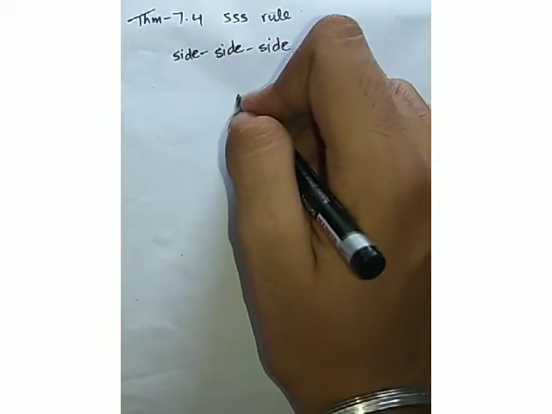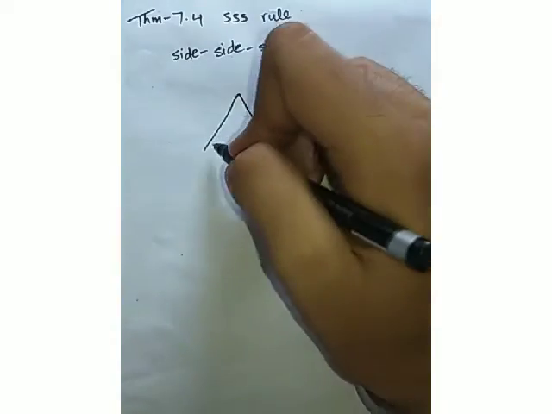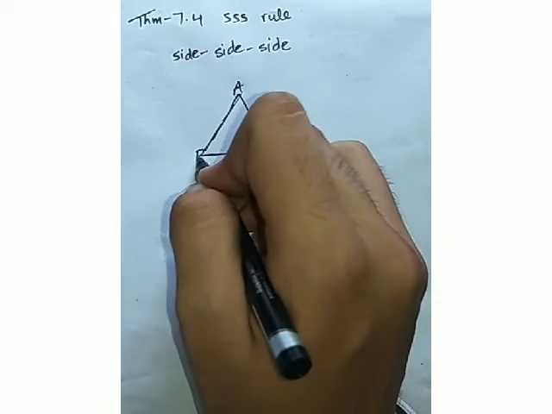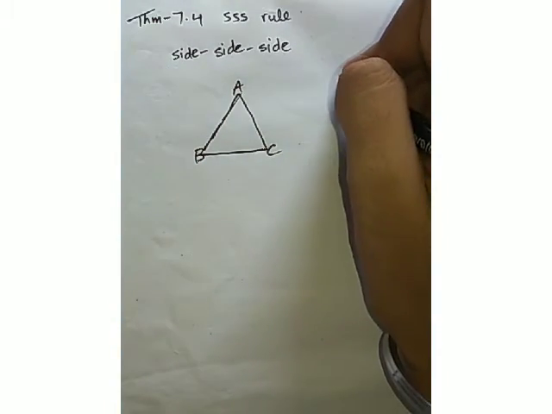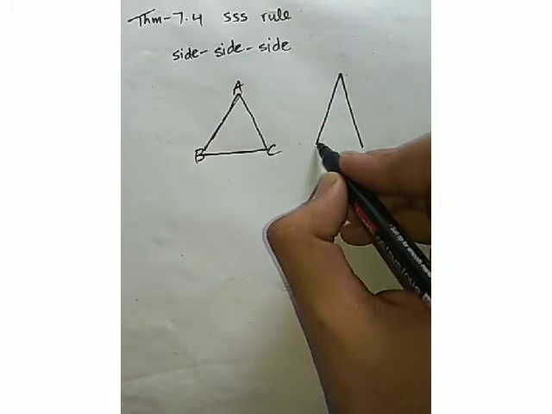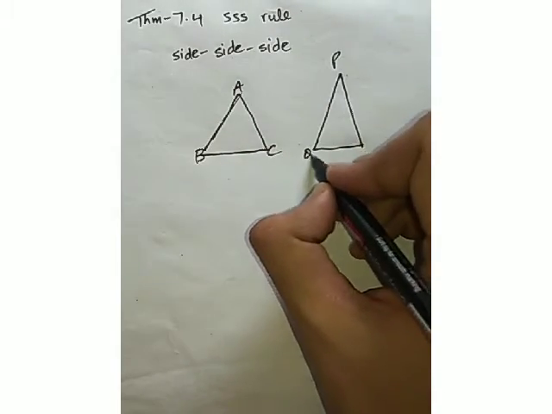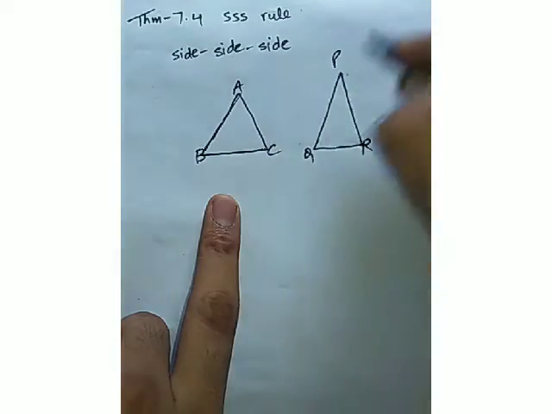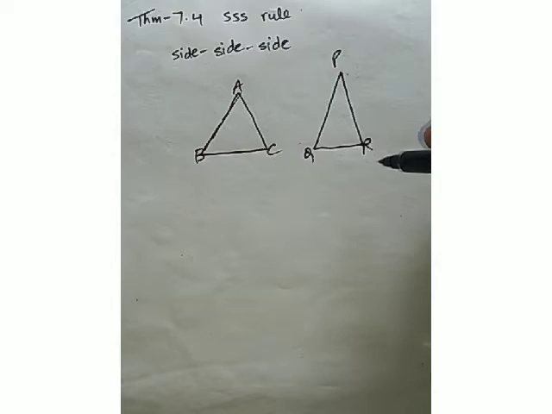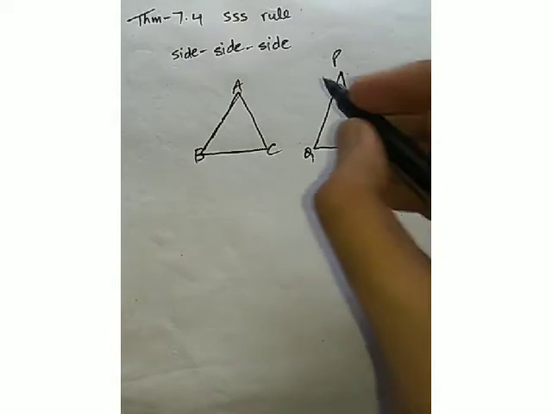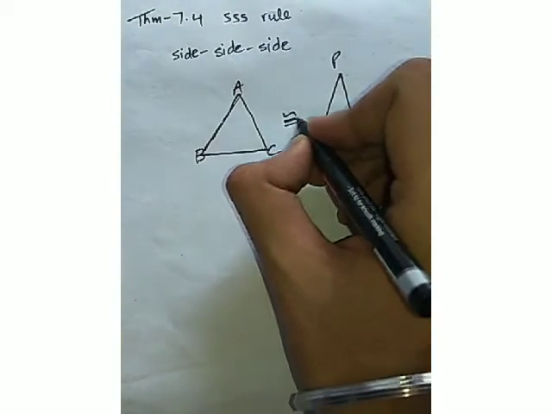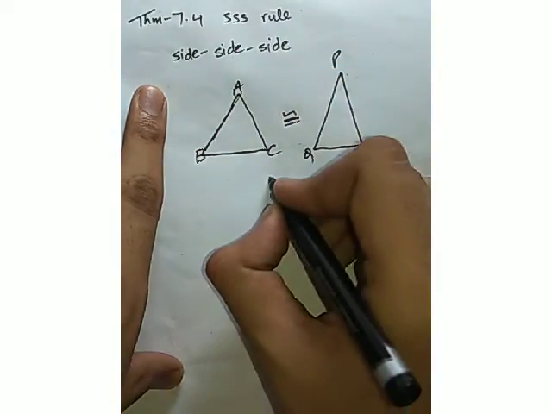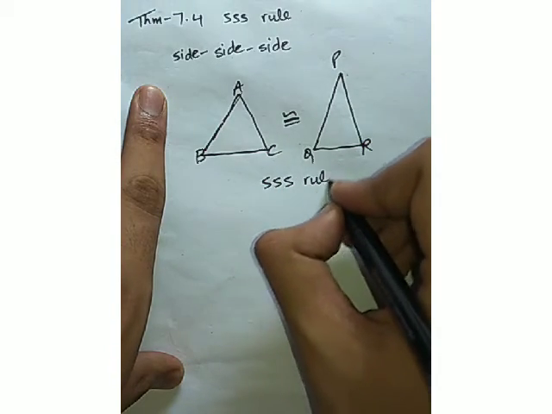It means if there are two triangles, don't mind my drawing skills, ABC, and the next one can be PQR, and if all the three sides are equal, like AB is equal to PQ, AC is equal to PR, and BC is equal to QR, then these triangles are known to be congruent triangles, and that solely because of which rule? That is side side side congruency rule.